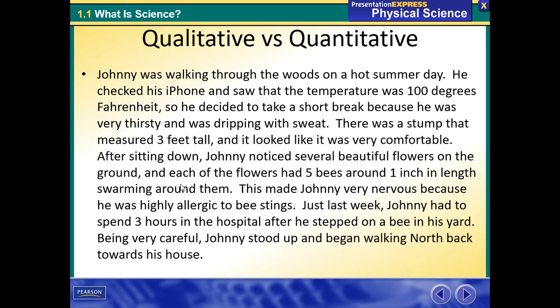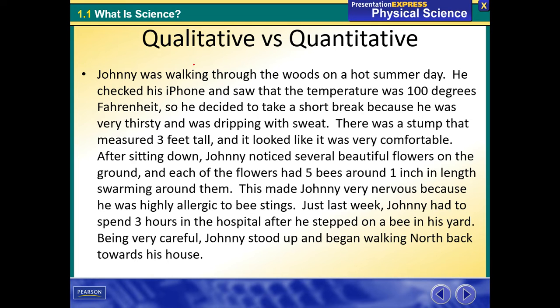After sitting down, Johnny noticed several beautiful flowers on the ground, and each of the flowers had 5 bees around 1 inch in length swarming around them. This made Johnny very nervous because he was highly allergic to bee stings. Just last week, Johnny had spent 3 hours in the hospital after he'd stepped on a bee in his yard. Being careful, very careful, Johnny stood up and began walking north back to his house.